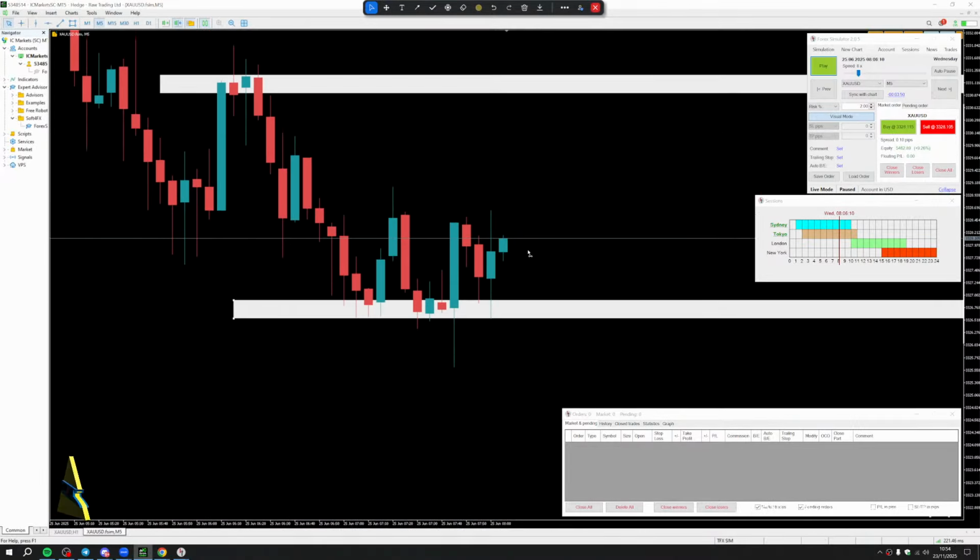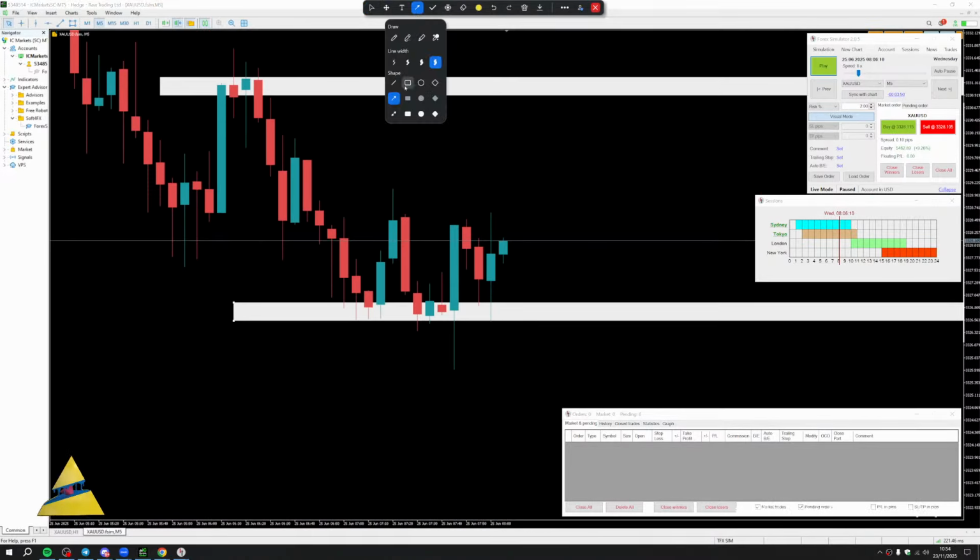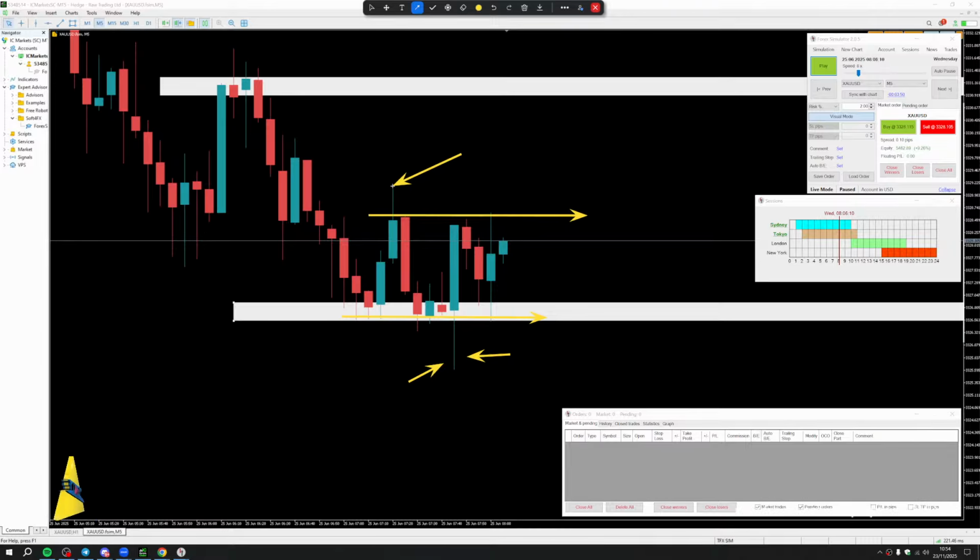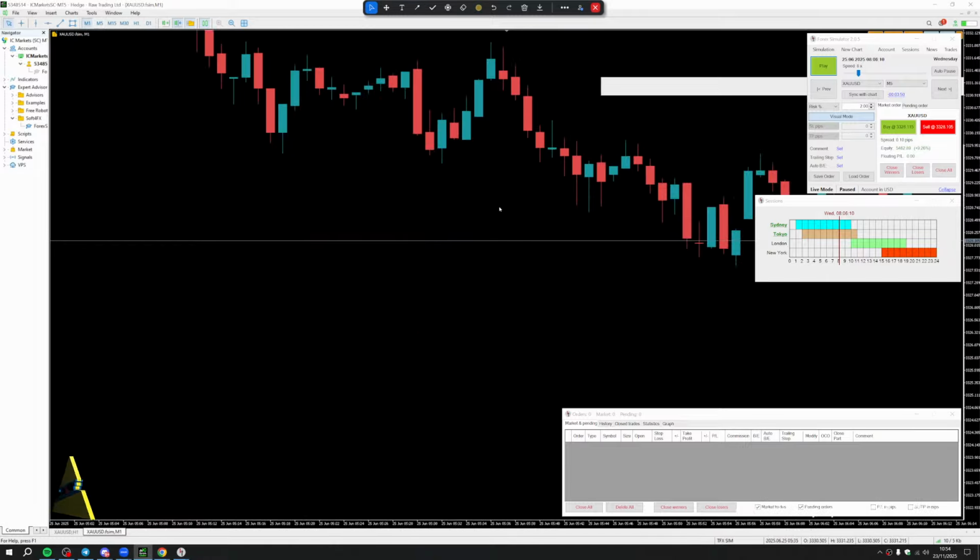5 minutes. Accumulating orders right over here. See, it sticks out like a sore thumb. And then we have resistance over here. So I'm going to wait and see. Maybe if we break this wick, price can go up. Let's see.